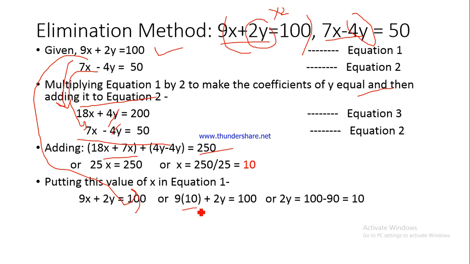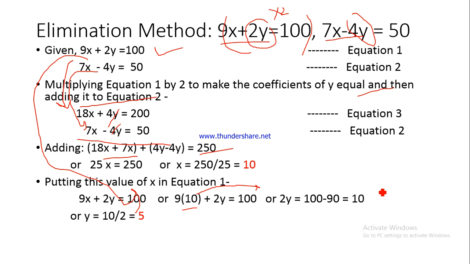So 9 into 10, 90 plus 2y is equal to 100. From here you'll take this term to the right hand side, so the sign would be changed, plus 90 would become minus 90, and 2y will be 10, so y is 5. So this way we have solved for x and y both, and now we also have to check the verification, how it is to be done, that you know already.